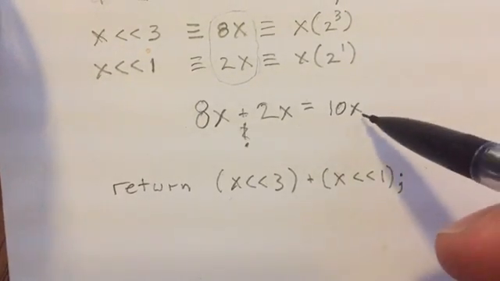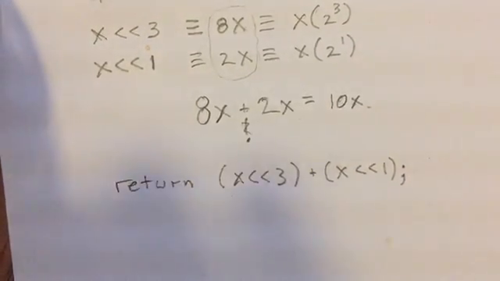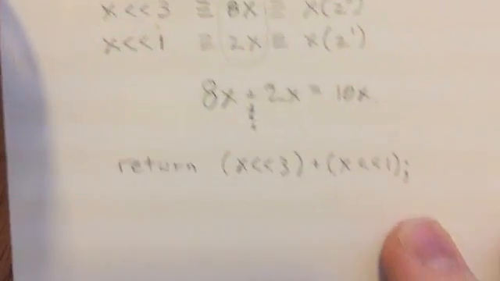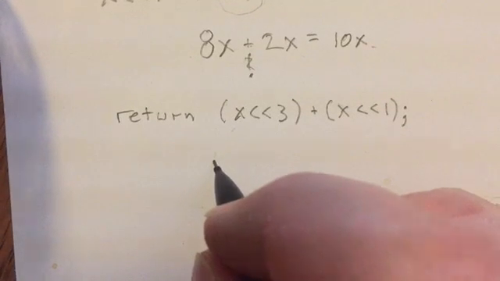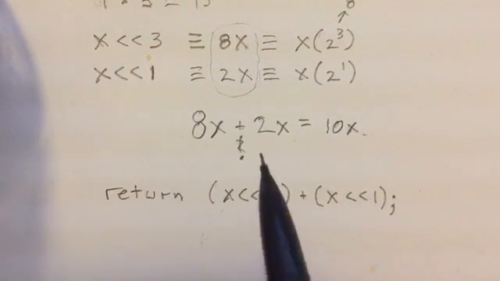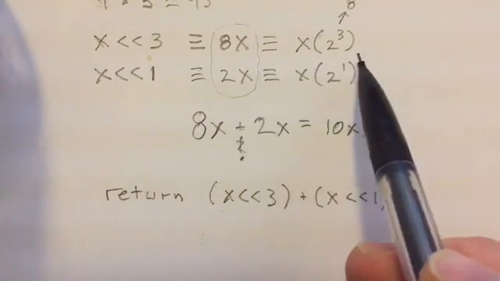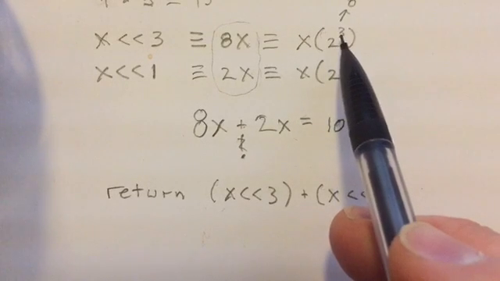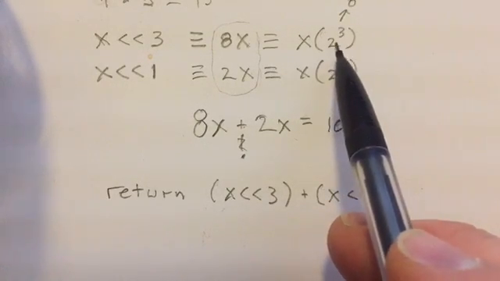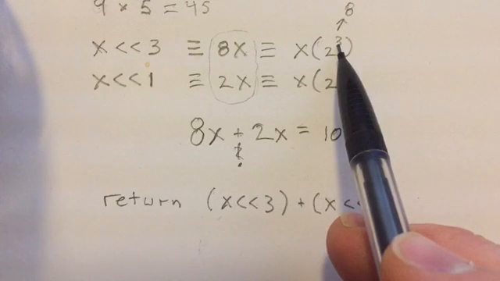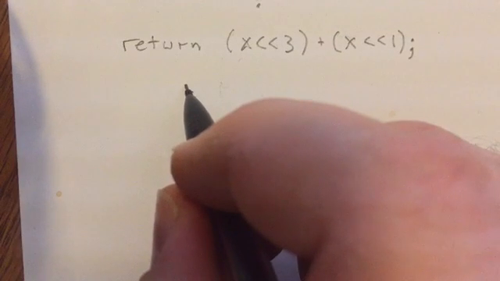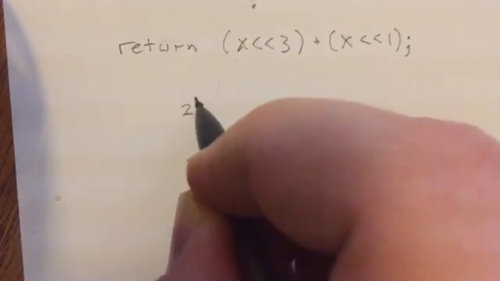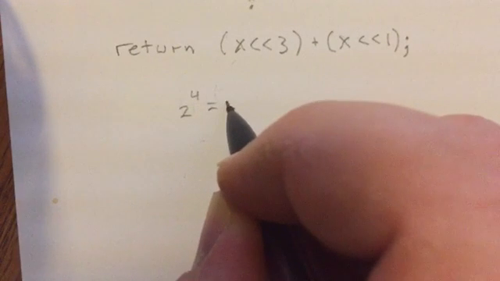And you can carry this into any functionality you want. Let's say you want to multiply everything by 17. Well, okay, so we know we need to get 17 through powers of 2, and we know that if we increase this power to 4, so we have 2 to the 4th, 2 to the 4th is equal to 16.